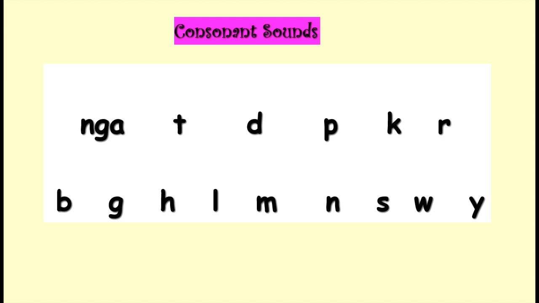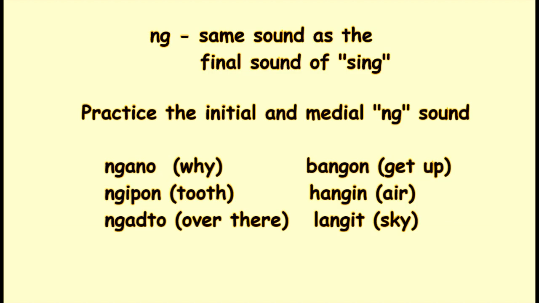Let's go to the consonant sounds. In the upper part, there are 6 letters, each representing a sound. And on the lower part, which has 9 letters, representing also 9 sounds. Let's try the critical ng sound.